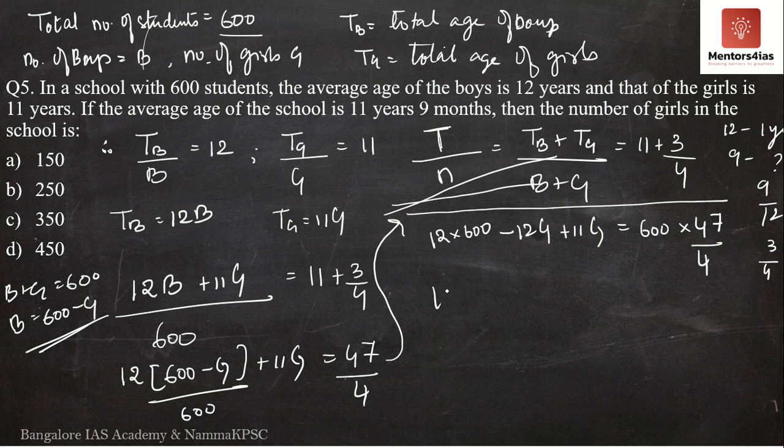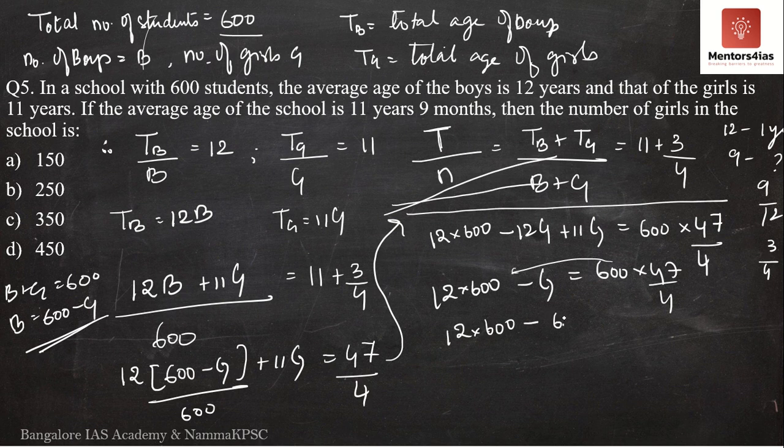So 12 into 600, 11G minus 12G is minus G, is equal to 600 into 47 by 4. I will take G to the other side and I'll bring this to the left hand side. What do we get? We get 12 into 600 minus 600 into 47 by 4 is equal to G.